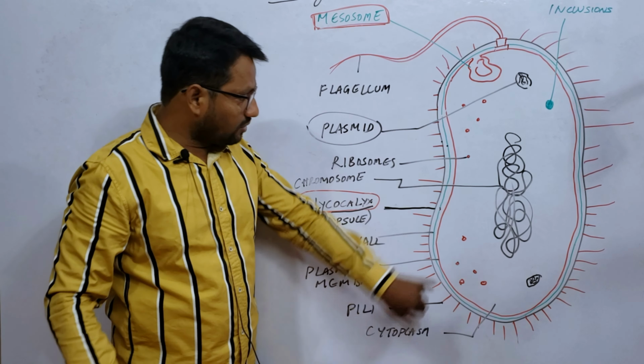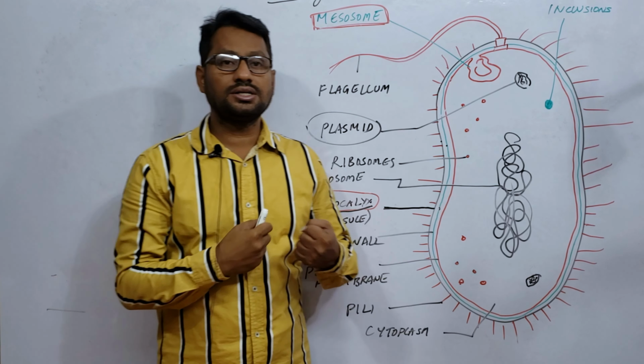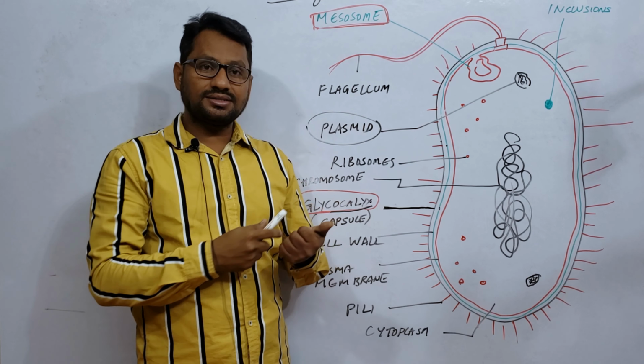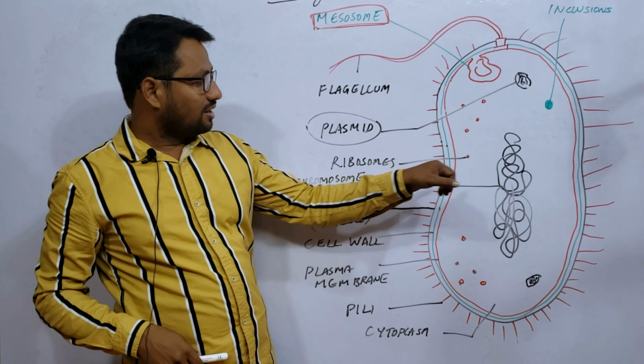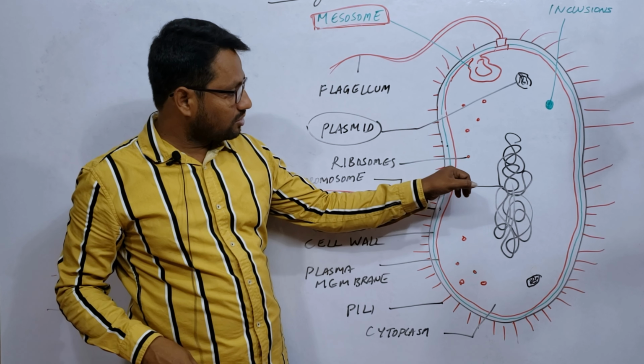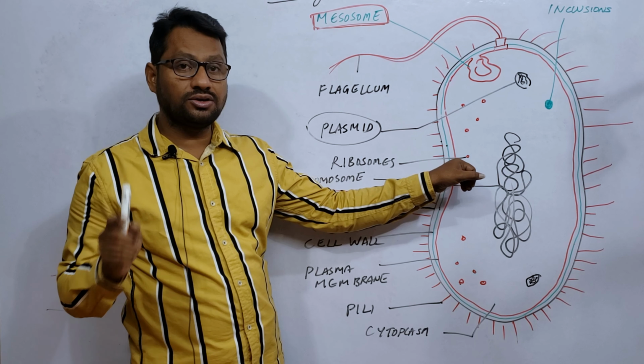Coming to the cell wall. The cell wall gives structural stability and prevents the cell from bursting and collapsing. So, it holds the cell, and we have the innermost layer called plasma membrane, which is selectively permeable.